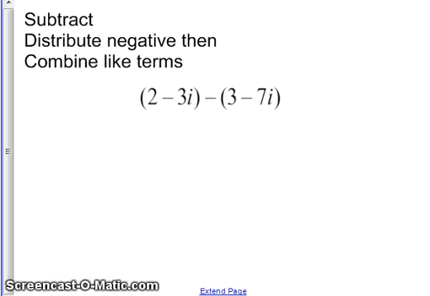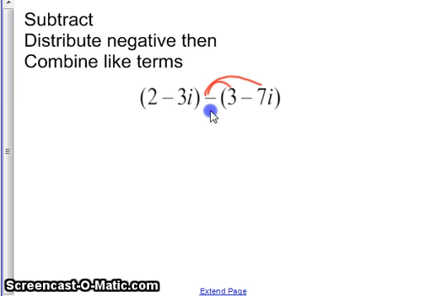All right, so with subtraction, in algebra, we define subtraction as adding the opposite. So if I have this subtraction, I have to make both of the signs in the parentheses that follow it the opposite. I'm going to distribute that negative to both of those two terms.